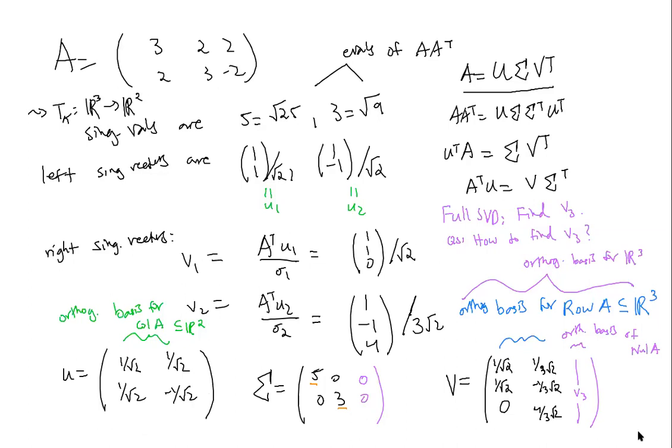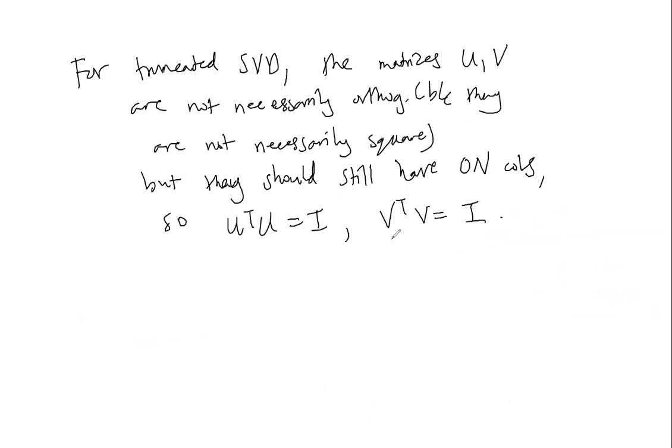What is the geometric meaning behind V transpose V equals identity? Well, the algebraic meaning is that the columns are orthonormal.